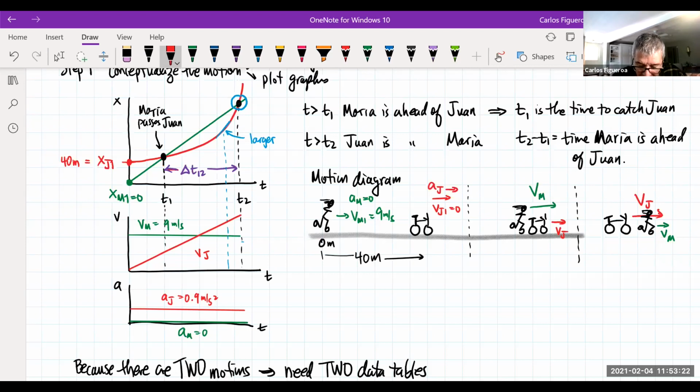Well, how do I draw this so that at that point, I have a higher velocity than Maria? I'm going to say that it's like right here. And so you're seeing that the steeper slope tells you that.